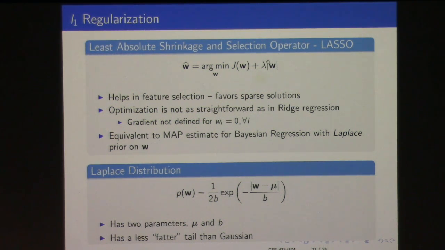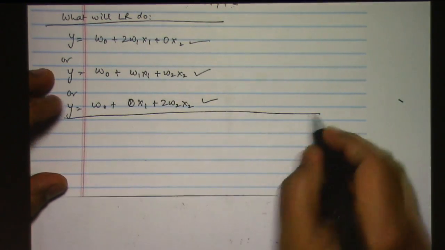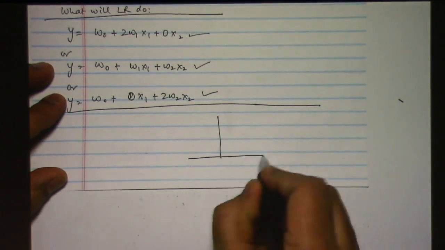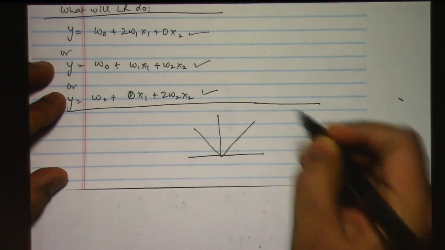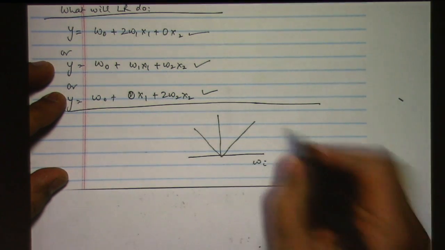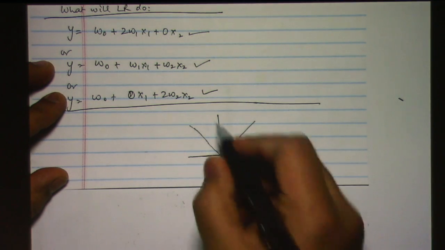It is very hard to compute the derivative or the gradient of a modulus function, because the modulus function is not smooth. Let's say W has only one element inside. The modulus function will look like this, if this is W, any Wi, so it will always be greater than 0.